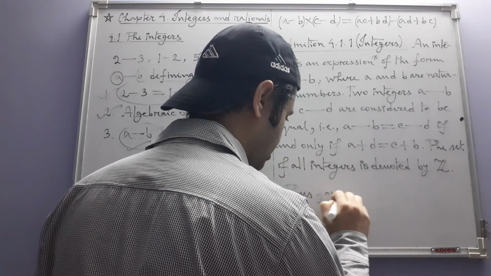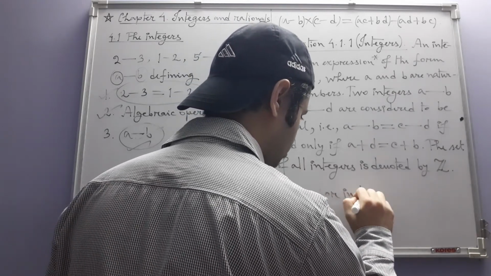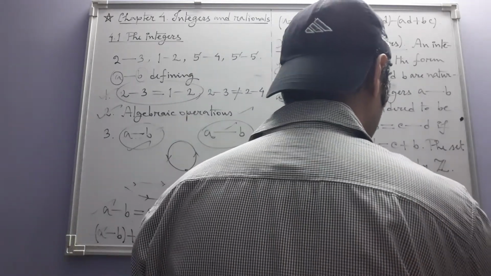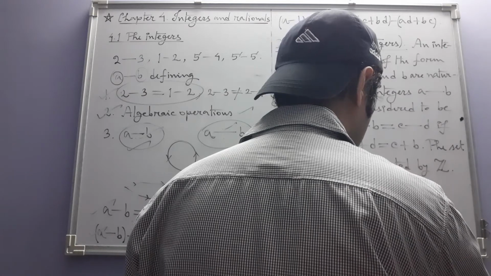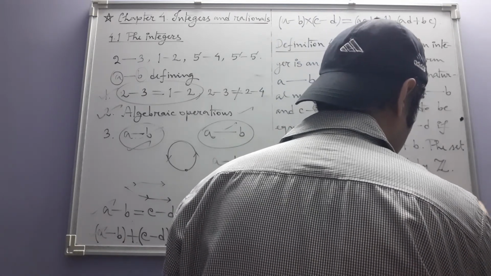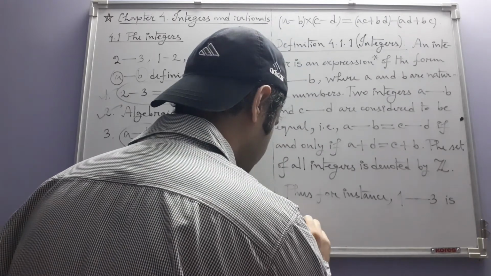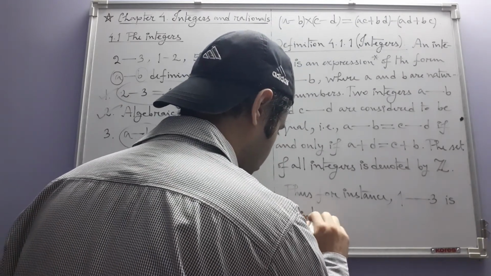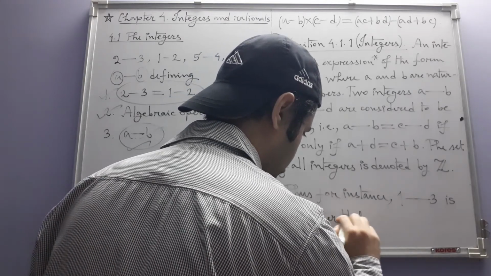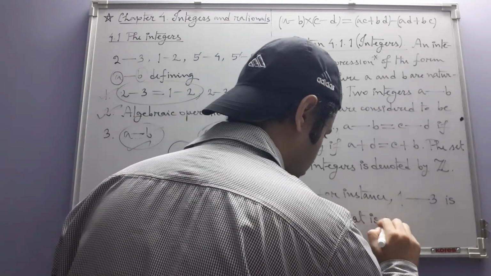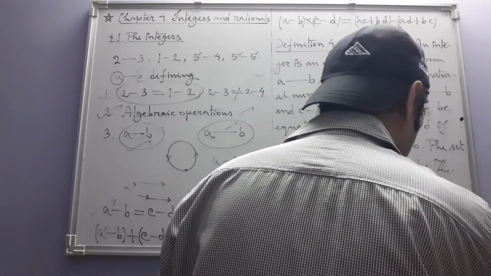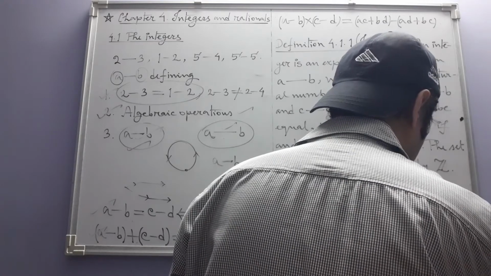Thus, for instance, (1-3) is an integer that is equal to 2-4.